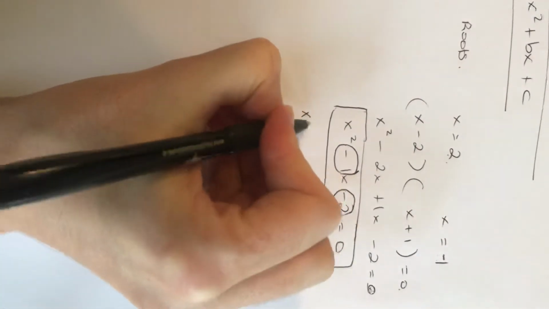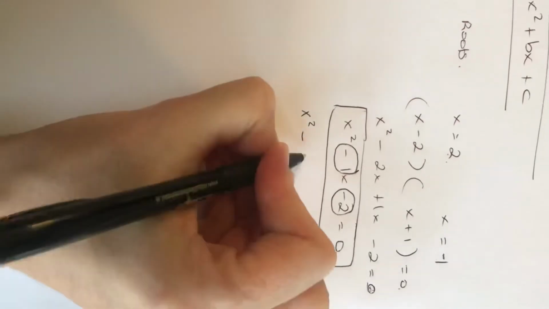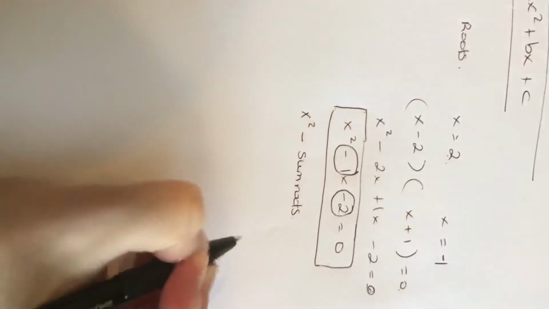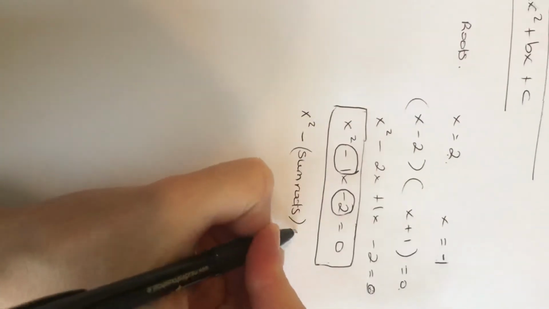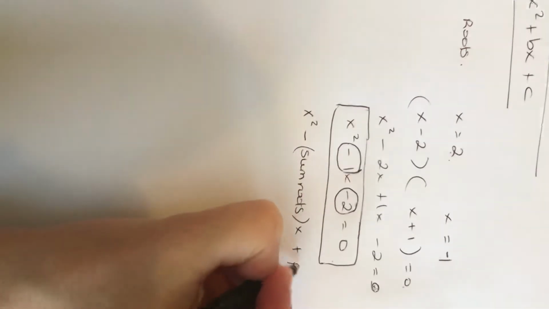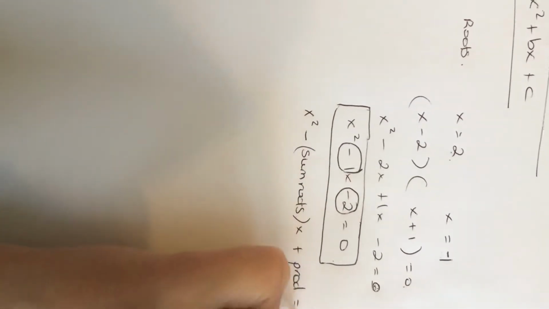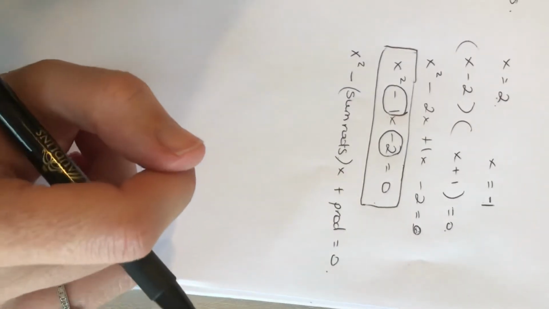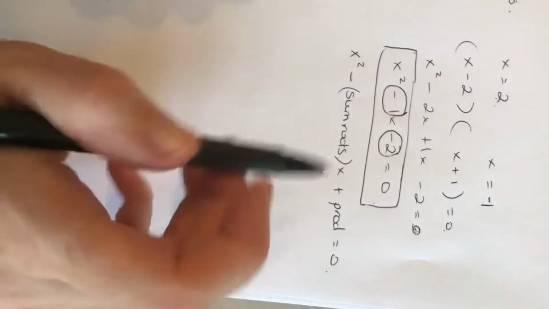So it's x squared minus the sum of the roots times the x, and then plus the product of the roots. Now you may never notice that, and you may never need it. It's just something that you might actually notice.